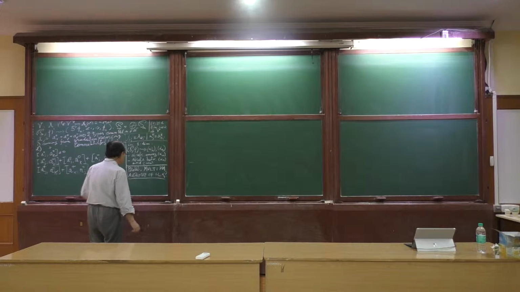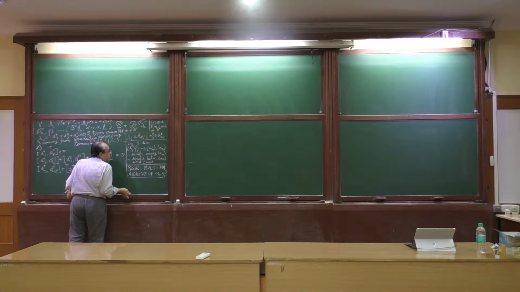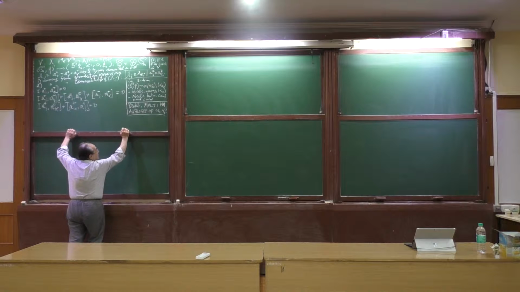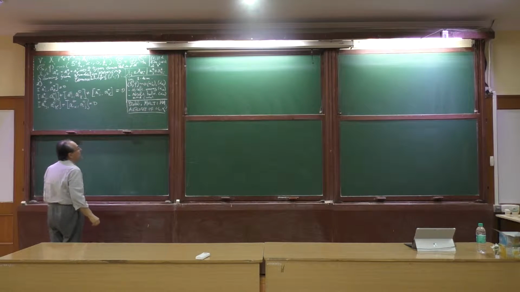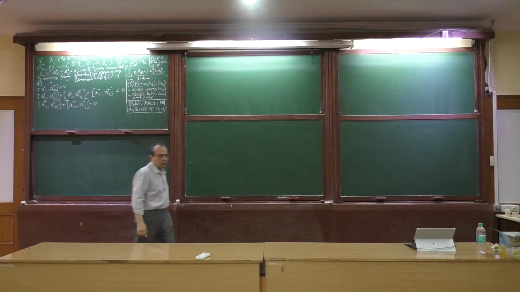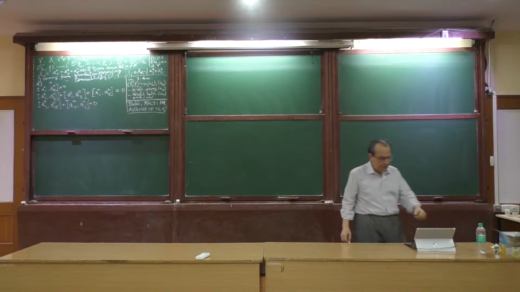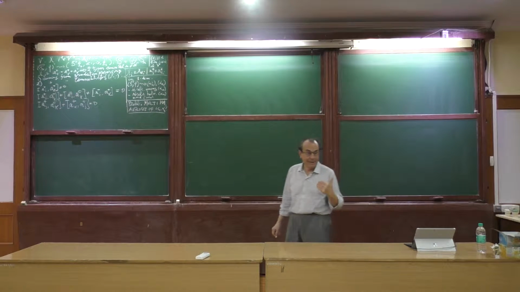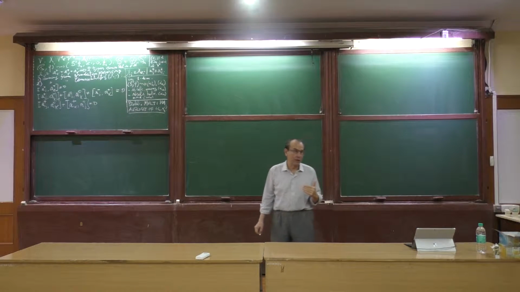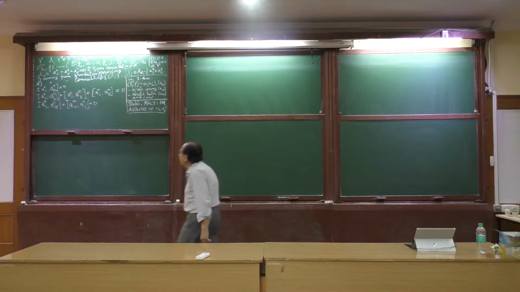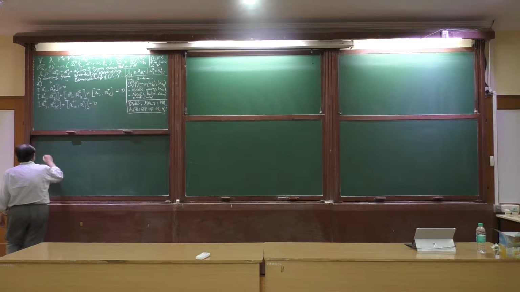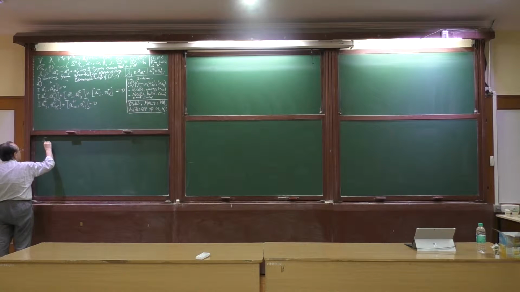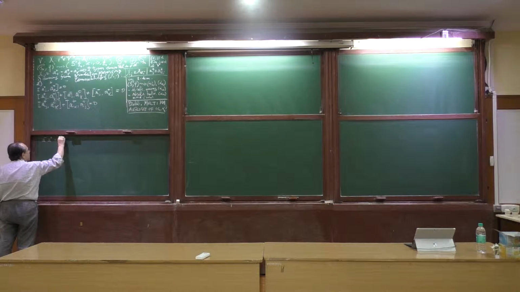To answer this problem, let us do some heuristic consideration, inspired by the one-dimensional case. In the one-dimensional case, we know that A minus A dagger is omega of lambda plus 1.